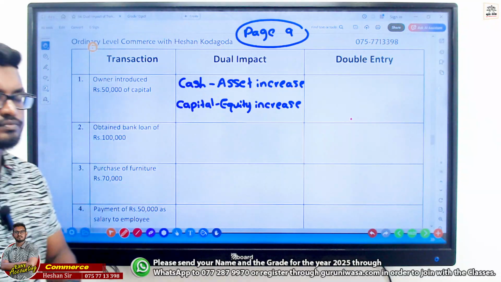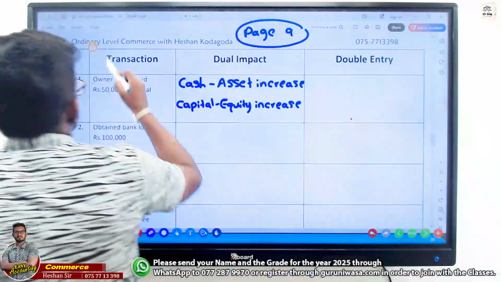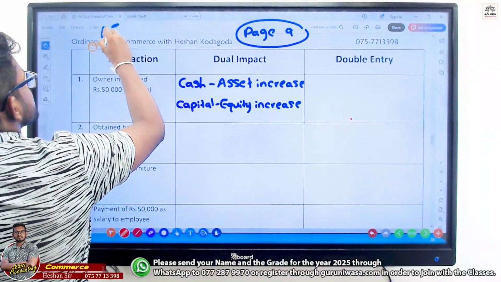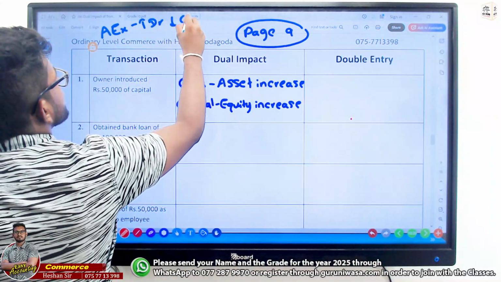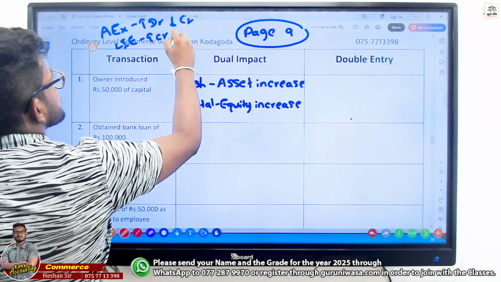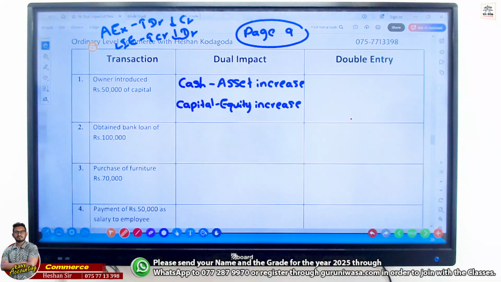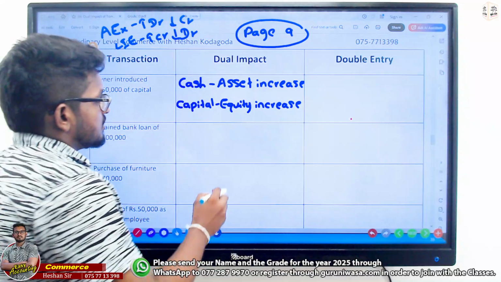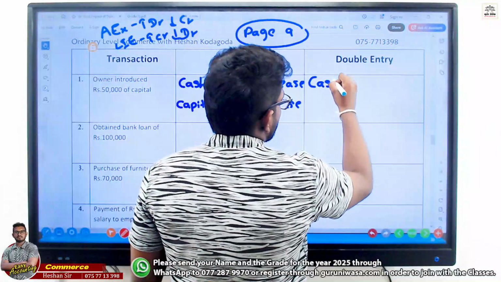Write with me. Now we can develop the double entry using this one. I told you X increase debit, decrease credit. Y increase credit, decrease debit. Right? Always write it somewhere on the side, so you can have a clear idea. When asset increase, it's debit. So cash account debit.